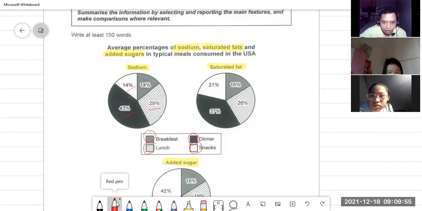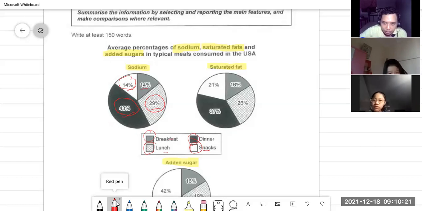So sodium consumed in the USA for breakfast is 14%, for dinner is 43%, for lunch is 29%, and for snacks is 14%. Okay, can you understand this description? Yes.